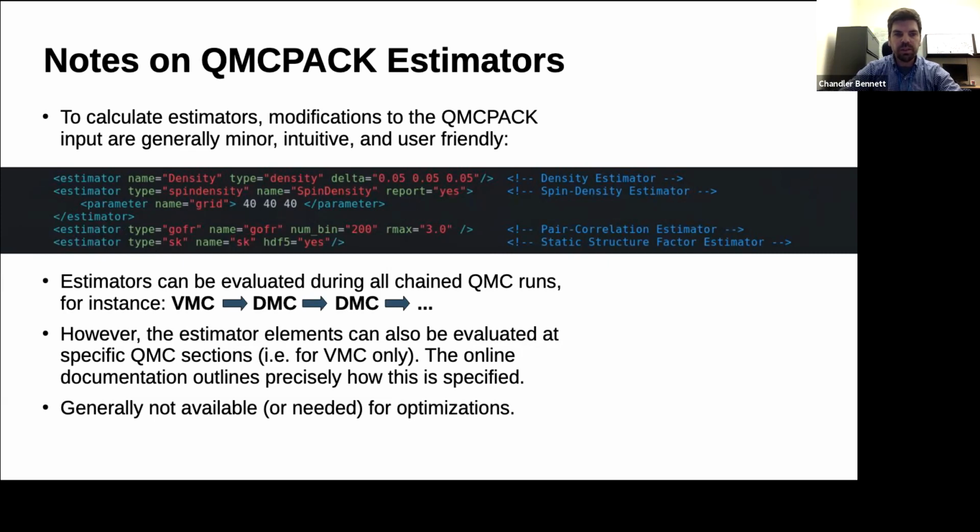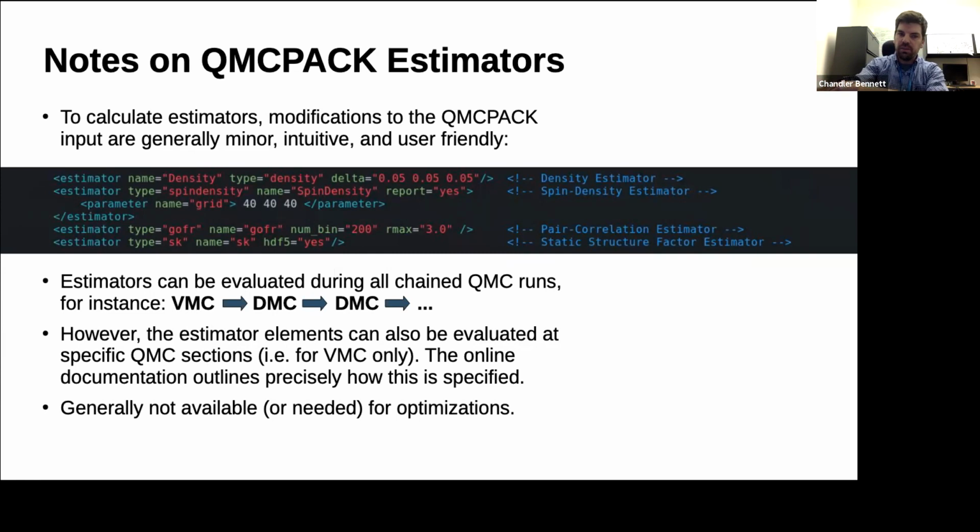Let me also note that the estimators can be evaluated during all chained QMC runs. For instance, if you had a VMC run followed by multiple DMCs, and you wanted to do a time step extrapolation, or you wanted to speed up imaginary time evolution, you might chain runs in this way, and QMCPACK can be run in such a way that the estimators are calculated at each one of these instances.